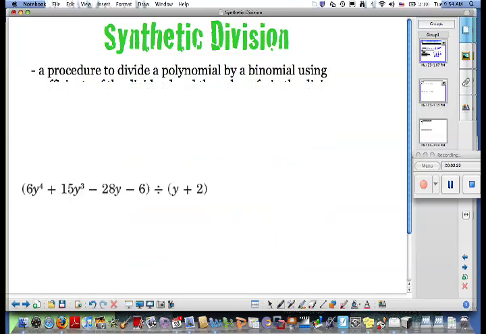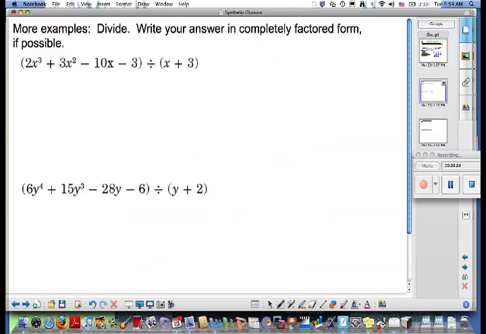The next example, we have 2x cubed plus 3x squared minus 10x minus 3 divided by x plus 3. So in our box, it's going to go the opposite of the positive 3, which is -3. And then our coefficients, 2, 3, -10, -3.